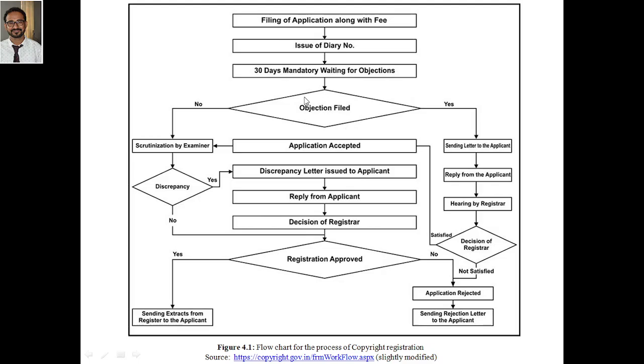In the case of no objection filed, usually the application is accepted by the examiners themselves. Later, if any doubts arise, they have to follow this process. Understood? These are the different elements, or steps, involved in copyright registration.